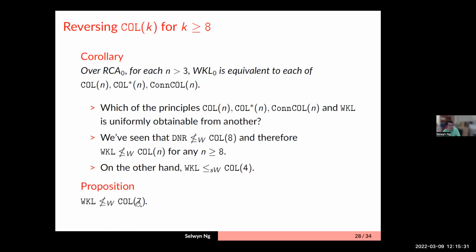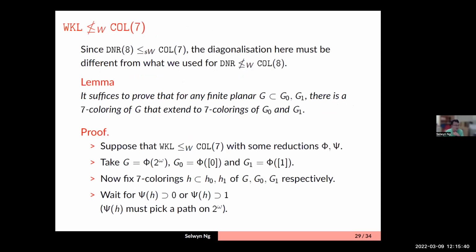It turns out that the 7-color theorem also does not reduce to WKL, and this proof has to be a little bit different, because NR8 actually does reduce to the 7-color theorem, so we cannot just use the same proof as we had for the 8-color theorem. It's not going to be quite as simple as that, but with some work you can get that the 7-color theorem does not reduce to WKL.